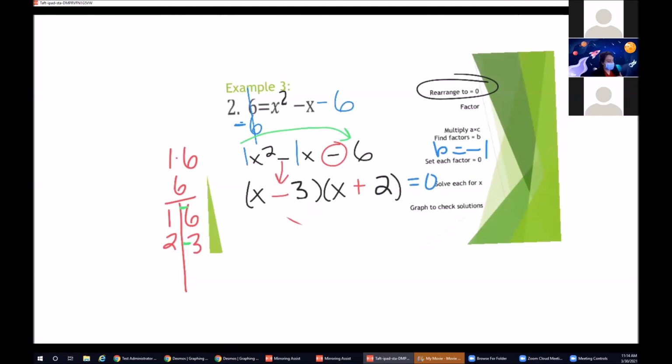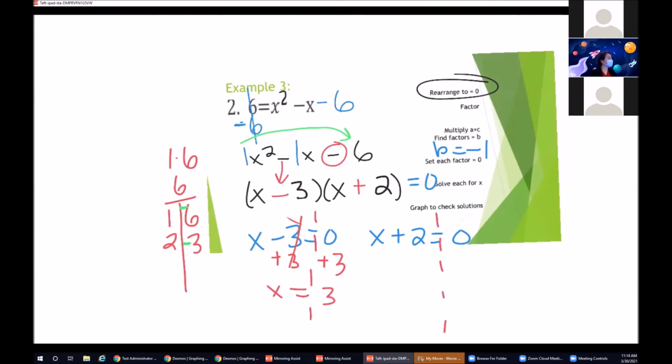So now we're going to take each one out of the parentheses, set them equal to 0, and solve for x. On the first one, opposite of subtracting 3, add 3. So x is equal to 3. And then this one over here, to get x by itself, subtract 2.